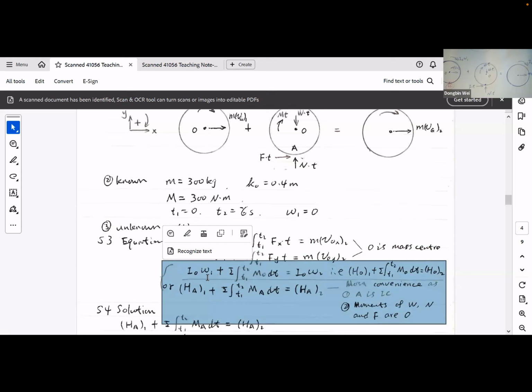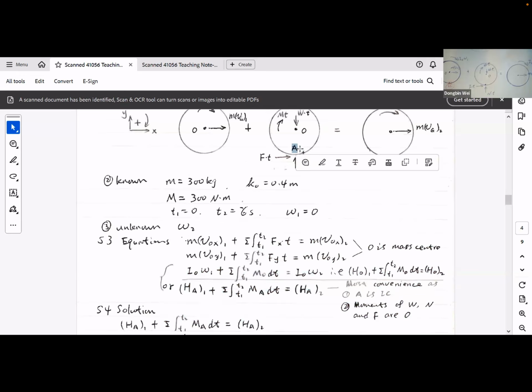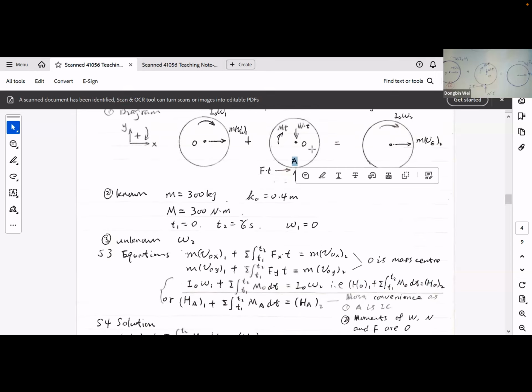Now the question is, which point should we select to apply the principle of angular impulse and momentum? Obviously, we can select the mass center O, and we also can select A for our calculation. So which one is more convenient?